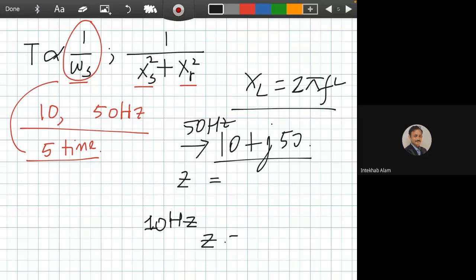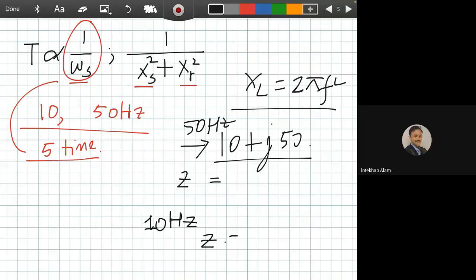Mushir Rahman, Fahmida Ashrafi. Yes, sir. What is the value of Z for 10 hertz? Okay, we are waiting.